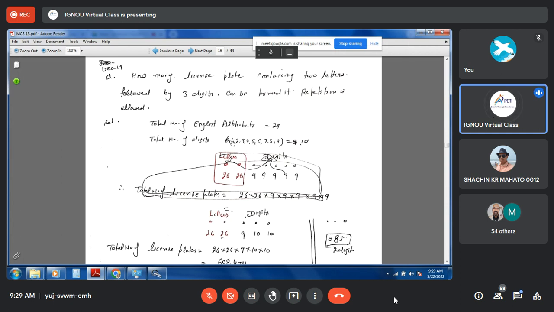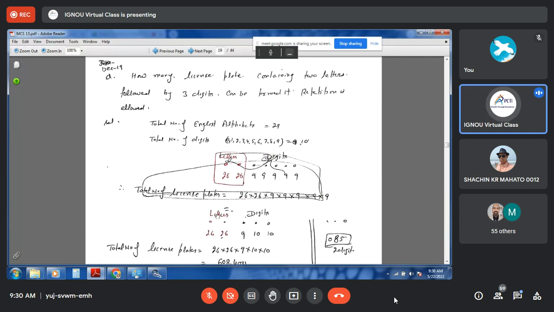When you count the digits, remember 0 is also counted: 0 to 9, they are the 10 digits. It is a rough diagram. It is not compulsory, but it will help you understand the condition and the situation, and then express it on your answer sheet.